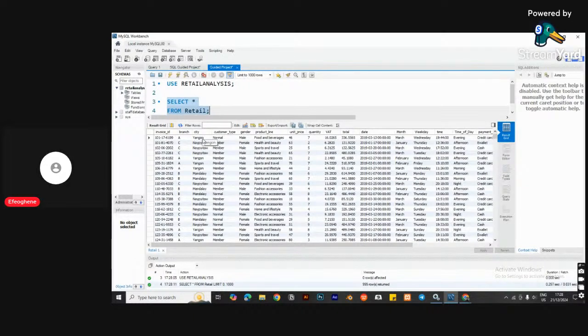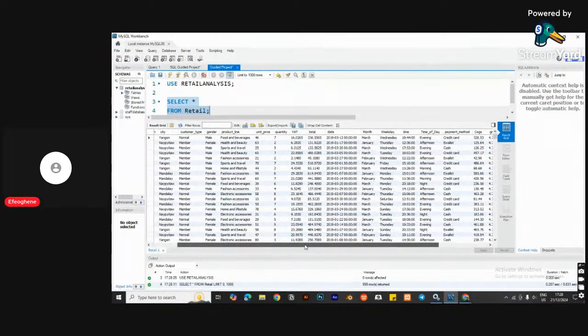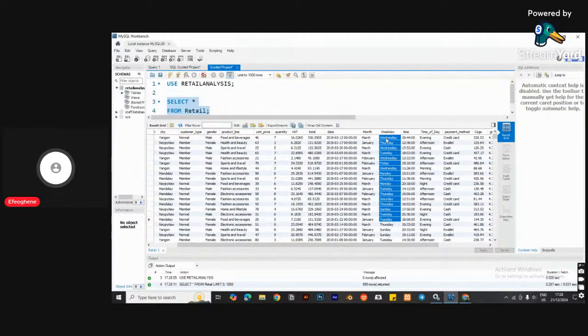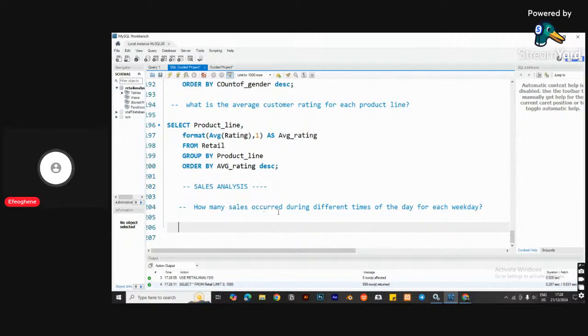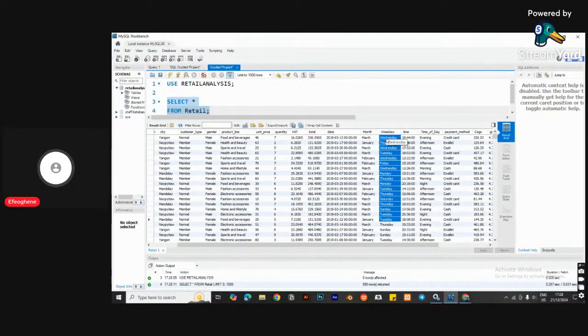Yeah, so we have the weekday column here. What it means is that we want to see how many sales, so it's the count of sales that occur at different times of the day. How many sales occurred on a Wednesday?